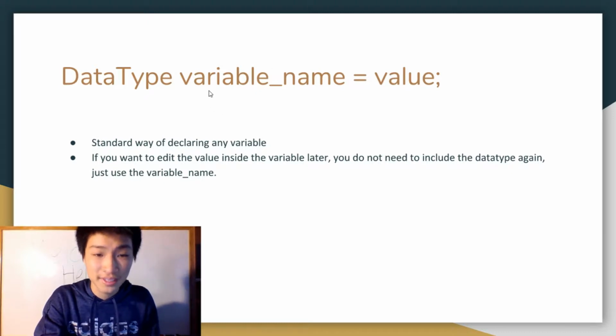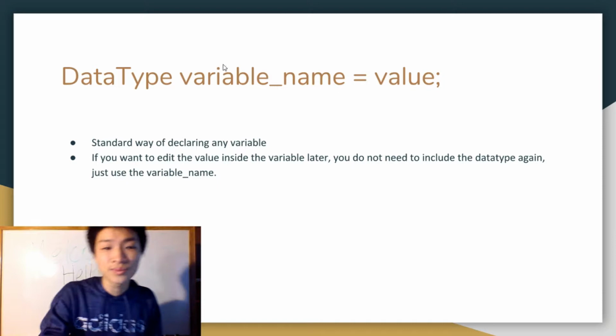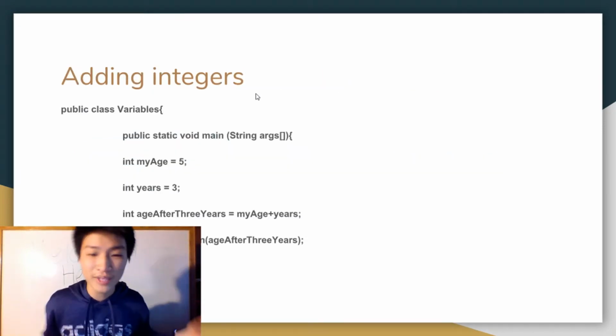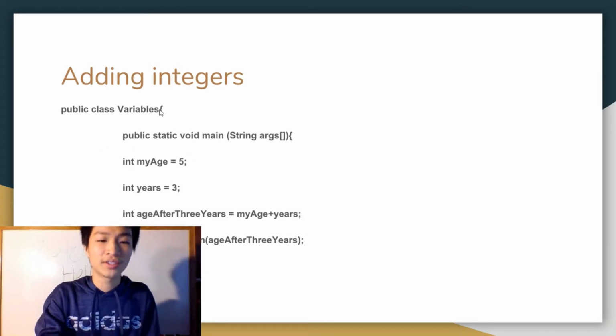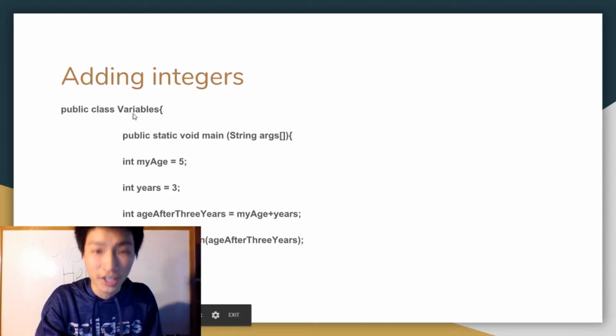All you have to use is the variable name, because the variable already knows what data type it has. Okay, so what if we want to add things together? Well, in this code, we have our class. Don't worry about public. We have a class variable. That means the name of the file that this code is in is variables.java.